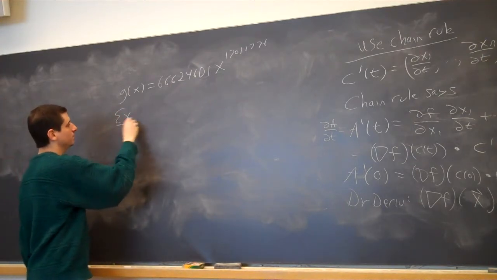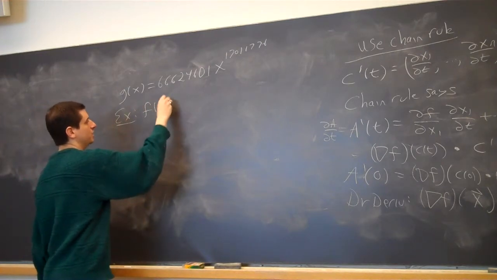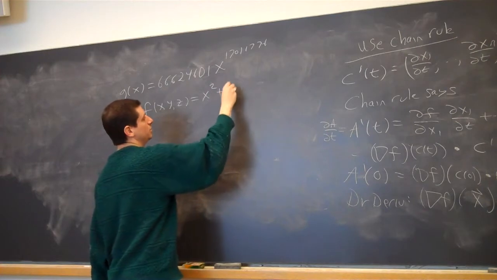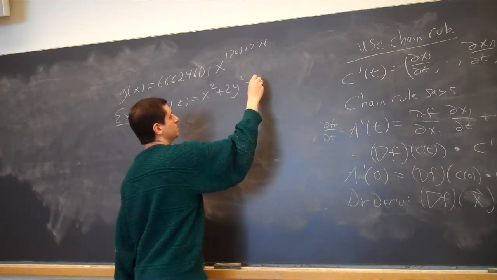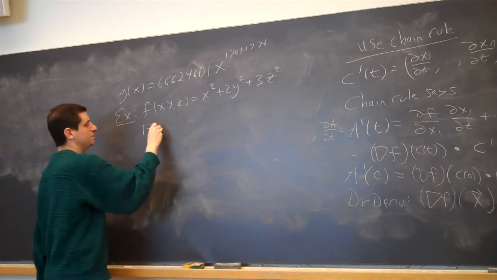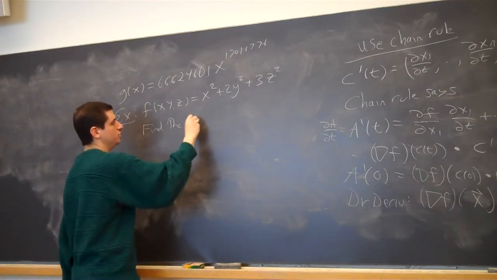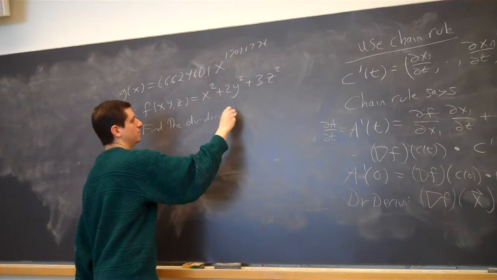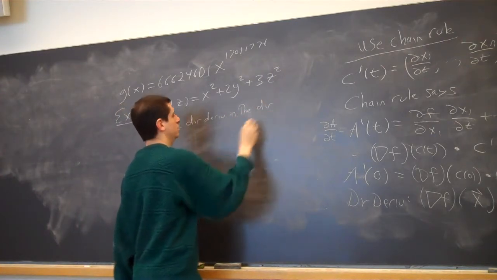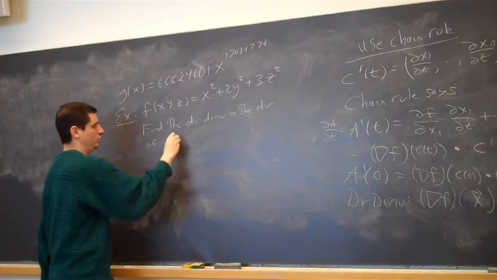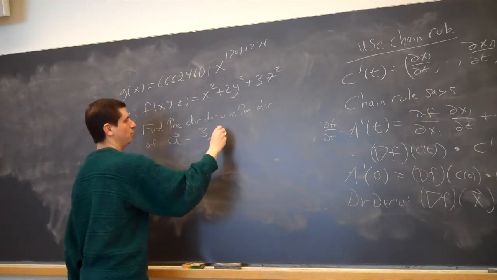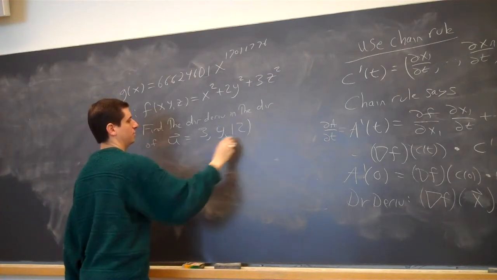So for example, let's let f of x, y, z be x squared plus 2y squared plus 3z squared. Let's find the directional derivative in the direction of u equals 3, 4, 12.